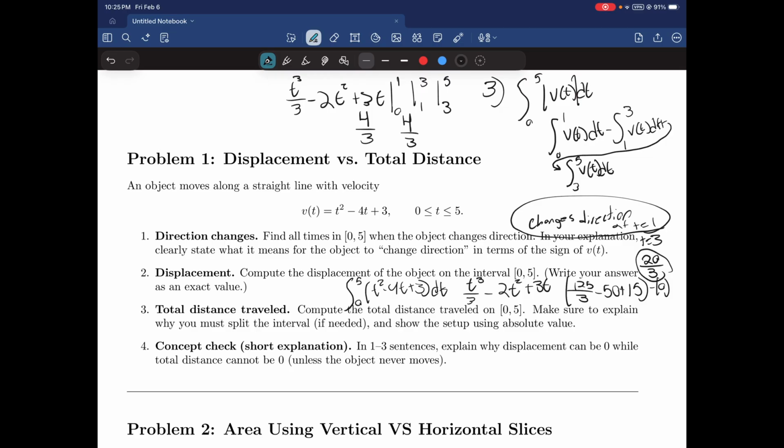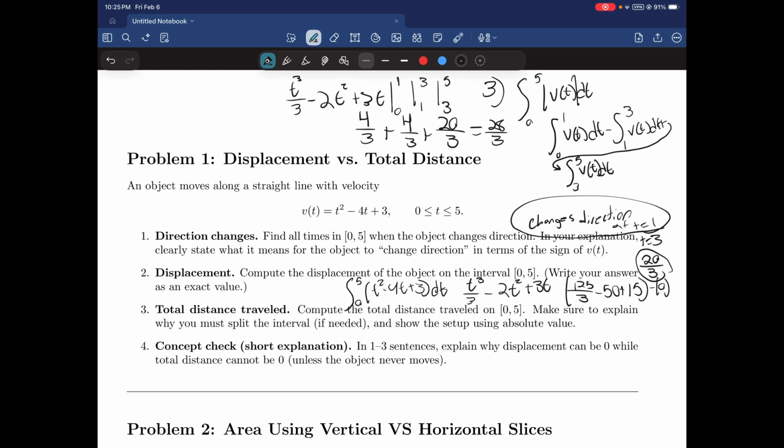So 20/3. Shoot, 20/3. And then we just add those. And we get 28/3. Look at that, all the same denominator.